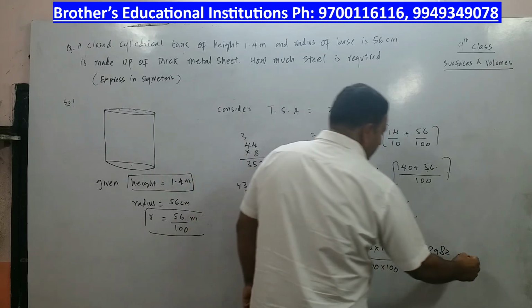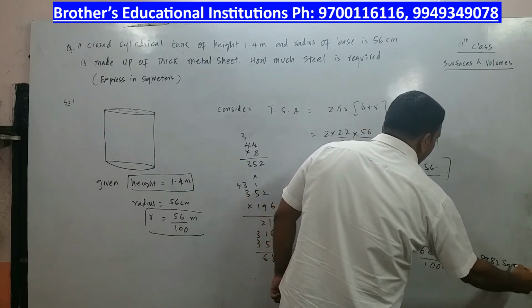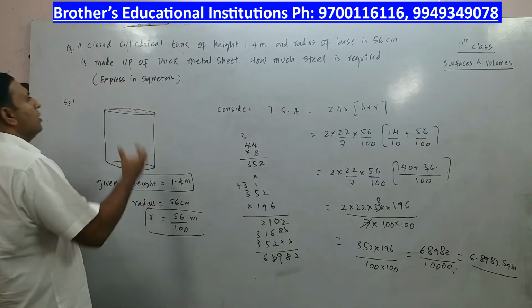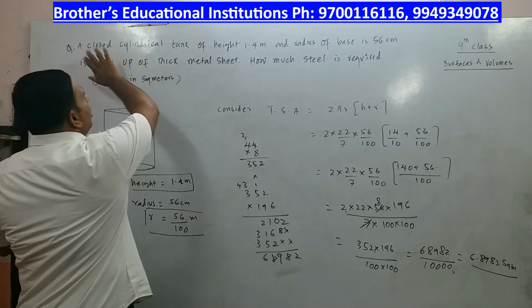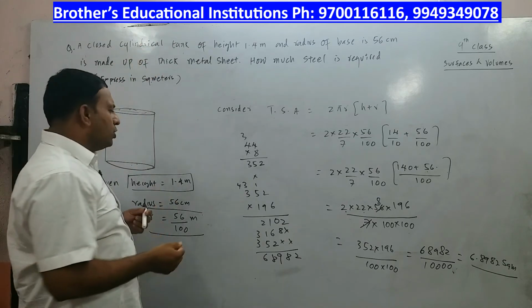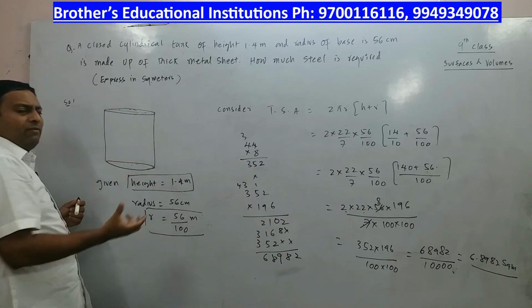So I must write this. It is 6.8982 square meters. So this is the amount of metal sheet required to make a closed cylindrical tank with these dimensions, right? So since he has asked you in meters, make sure that in the beginning stage only you convert everything in terms of meters.